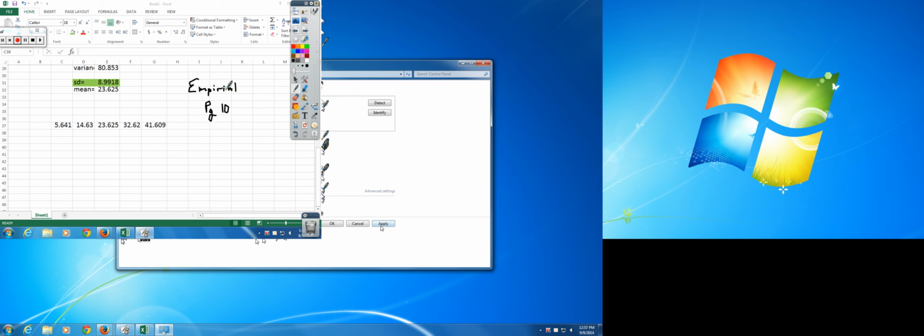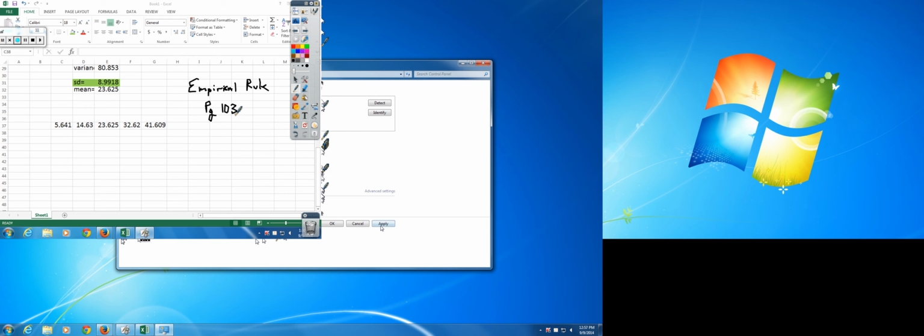All right, let's see. Yes. Empirical rule. Make sure, page 103, the bottom. Make sure you make a copy of that and make sure you know it for the test. Outside 2 standard deviations is called unusual. You need to make a note of that.